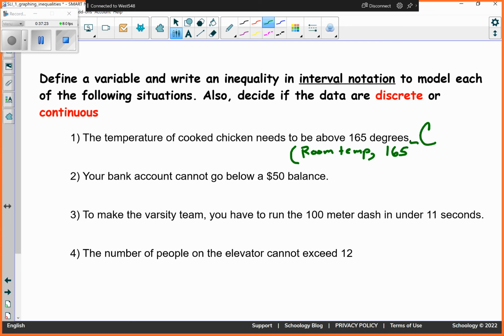So right now I'm representing the temperature of the oven up to 165. So, but then we need to look at this. We want above 165. I need to make sure I'm at 165, and we're going to go to infinity. You know what happens after we get above the hundreds with chicken?